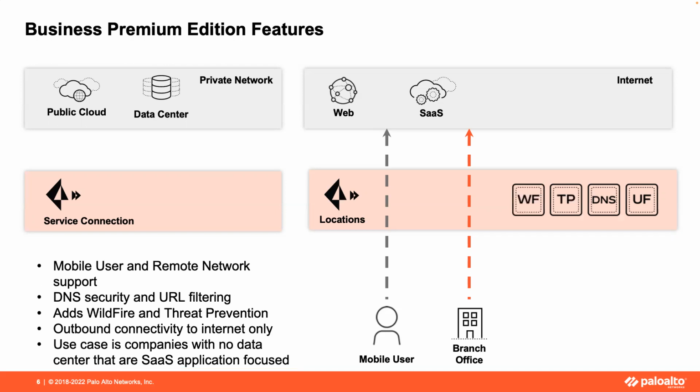If we add the premium edition, we get the threat protection and wildfire, which is our 0-day protection option for threats we've never seen before. And you can be protected from these based on crowdsourcing of new threats, new files, and new things people are seeing.